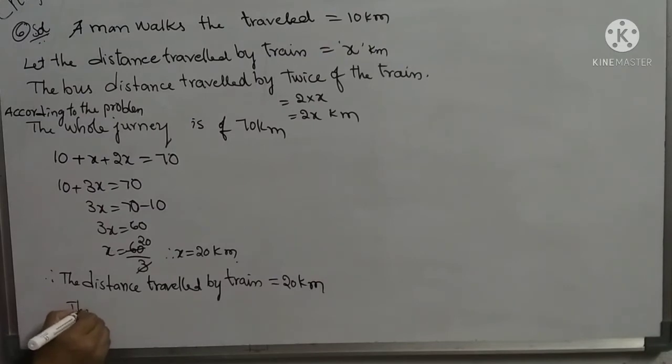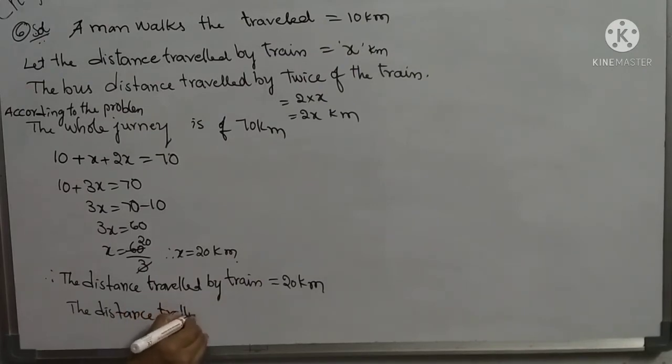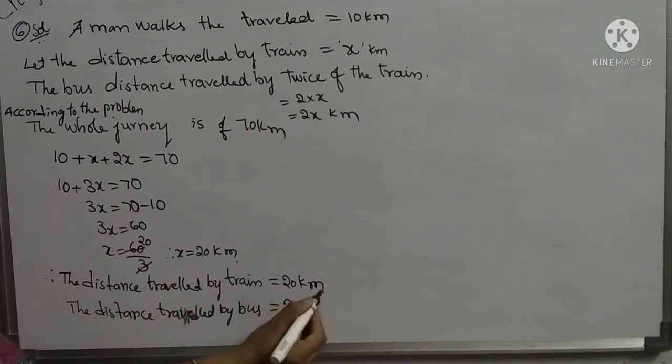Similarly, the distance travelled by bus is equal to 2 times the train distance.